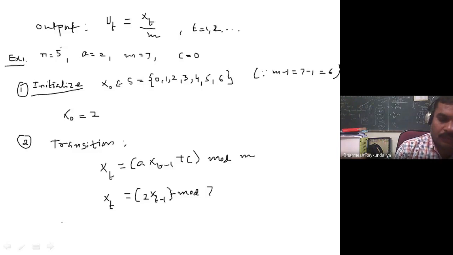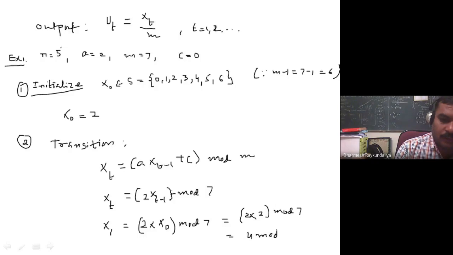Now if you substitute for x1, that means 2 into x0 modulo 7. x0 is 2, so 2 into 2 modulo 7, so 4 modulo 7.